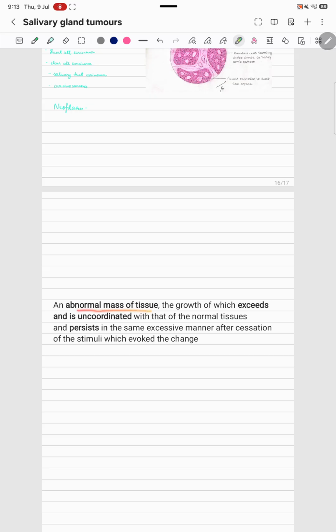Neoplasm is an abnormal mass of tissue, okay? The growth of which exceeds and is uncoordinated with that of the normal tissue, and persistent in the same excessive manner after cessation of stimuli which evoked the change.